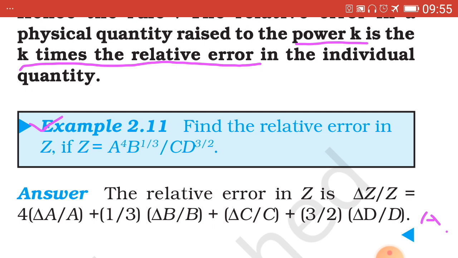Relative error in z will be equal to delta z upon z equal to 4, which is the power of a, comes in coefficient, 4 into bracket delta a upon a plus 1 by 3 delta b upon b plus delta c upon c, to be taken note of. Here there is no power, means raised to 1 only. So 1 into delta c upon c, which is equal to delta c upon c plus 3 by 2 into delta d upon d, which is the final answer.